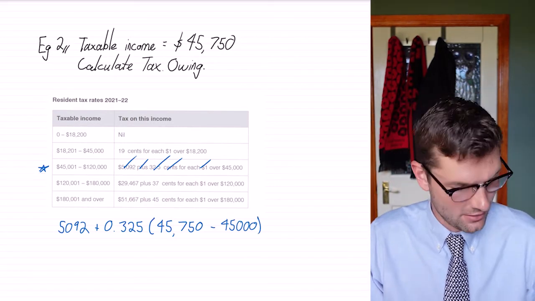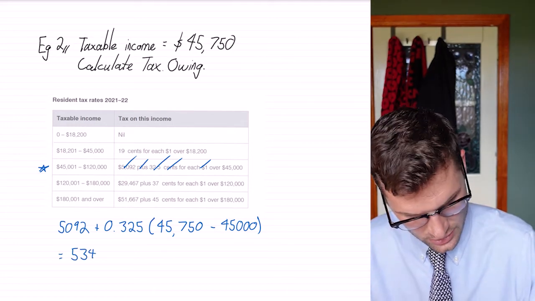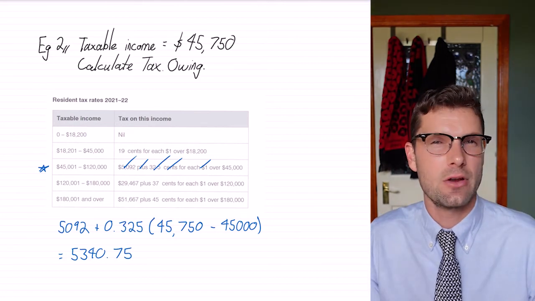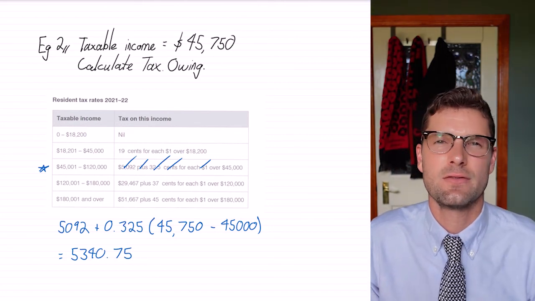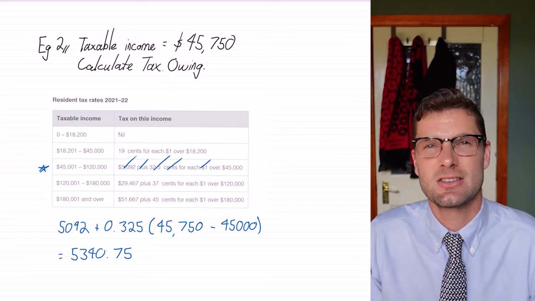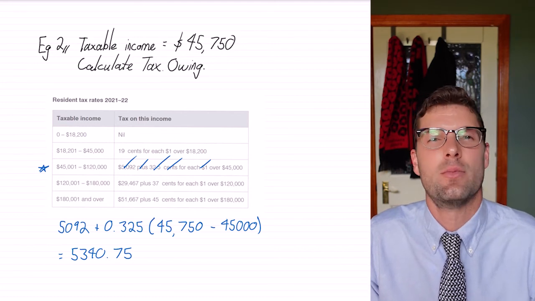Type that into your calculator and you get the answer $5,340.75. So instead of a quarter of your income, like the person from the previous example, this is about 1/9 of your income, so it's much less. So this is designed to be a somewhat equitable system.